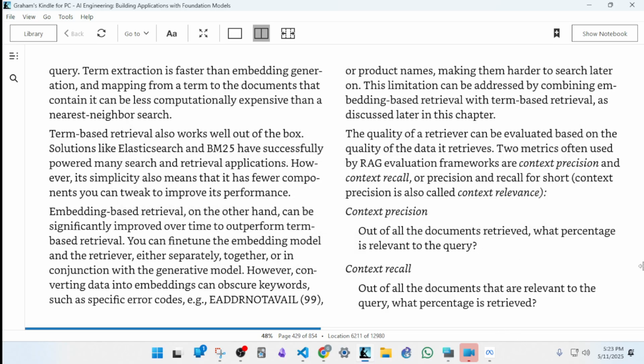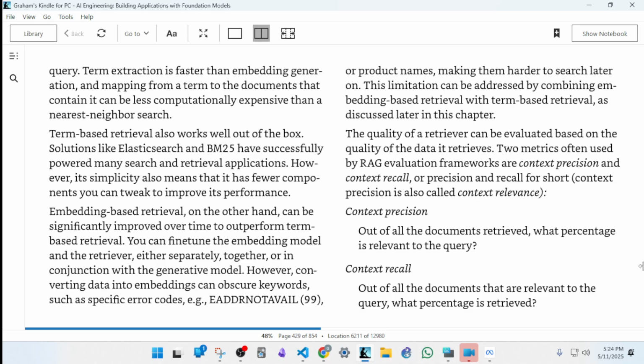Term extraction is faster than embedding generation, and mapping from a term to the documents that contain it can be less computationally expensive than a nearest neighbor search. Term-based retrieval also works well out of the box. Solutions like Elasticsearch and BM25 have successfully powered many search and retrieval applications.